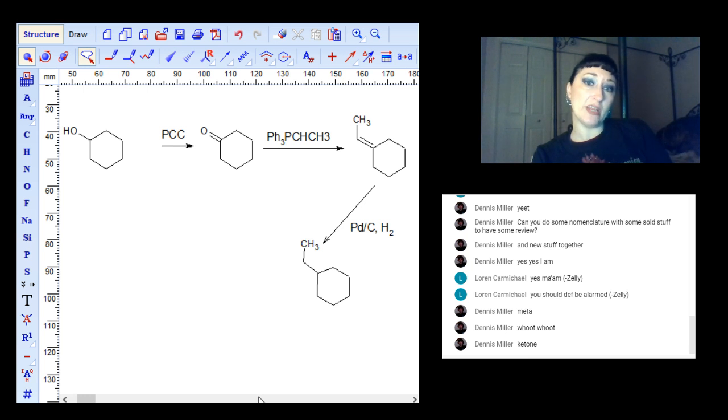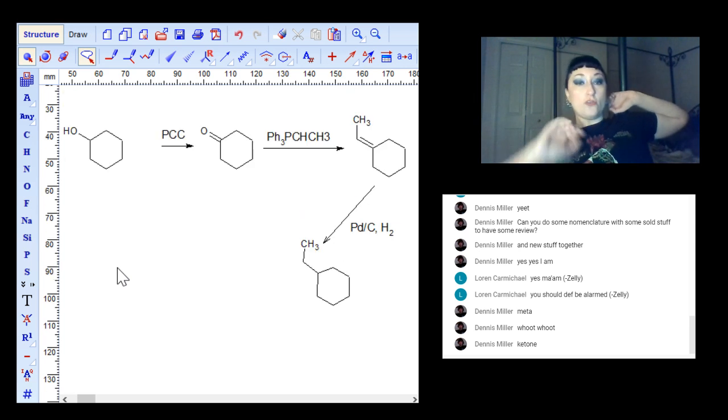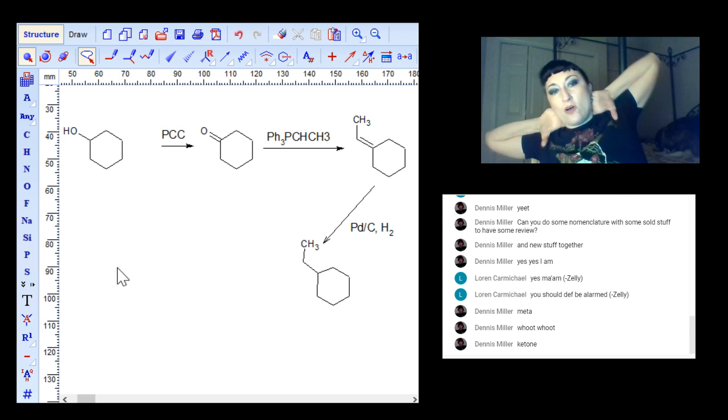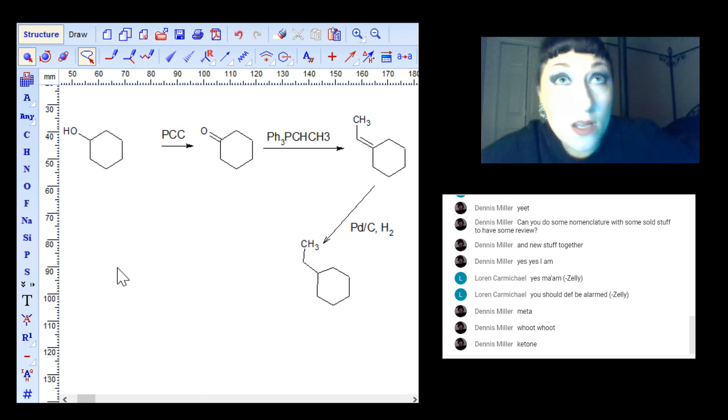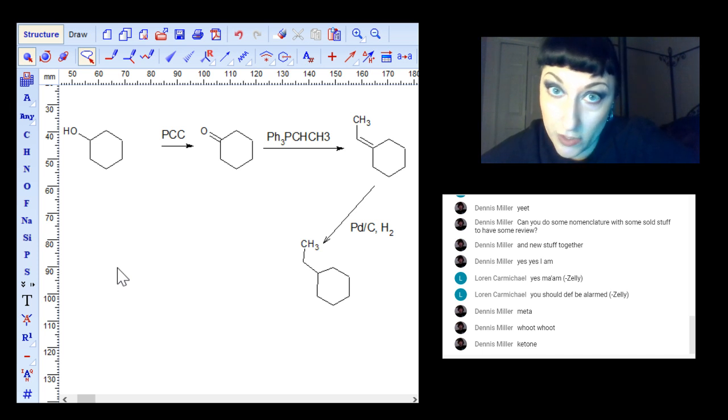You need to have a carbonyl, right? So this reaction, the one on top, would still be in play. Then you could add your Grignard reagent, and that would form an alcohol. Then you could dehydrate it to get rid of the alcohol, and then you could hydrogenate it. So that's another option for you.